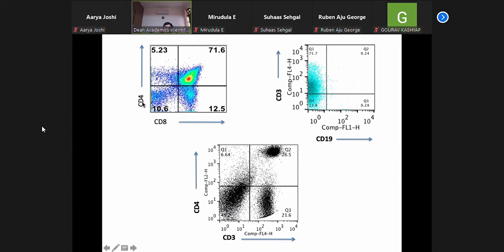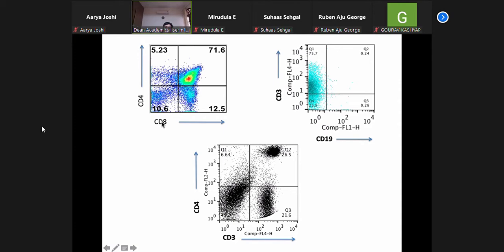Essentially, on this axis you are looking at an anti-CD4 antibody, which is fluorescently labeled, and on this axis you have an anti-CD8 antibody, which is fluorescently labeled, but the fluorescence for this antibody is different from that for this antibody, because if you have the same fluorescence, you cannot really distinguish these populations, right?